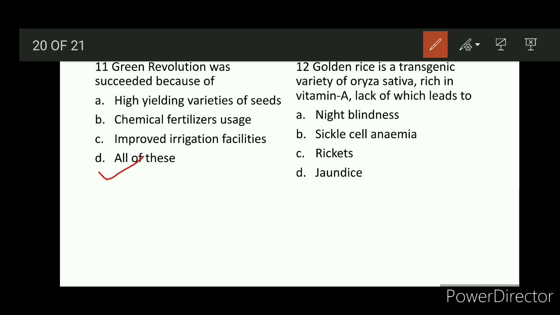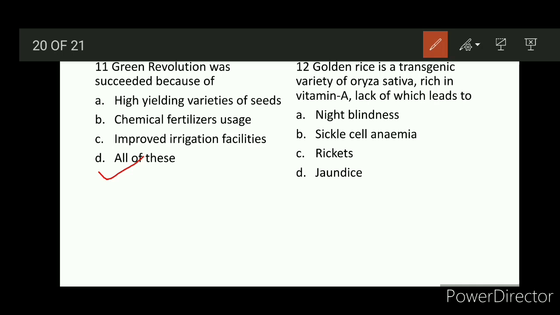Question number 12. Golden rice is a transgenic variety of Oryza sativa rich in vitamin A, lack of which leads to, yes, vitamin A is very much necessary for eyesight. The lack of vitamin A leads to a disease condition known as night blindness.